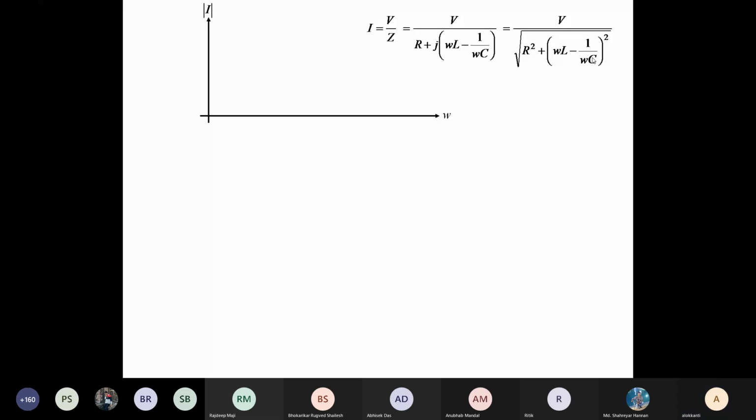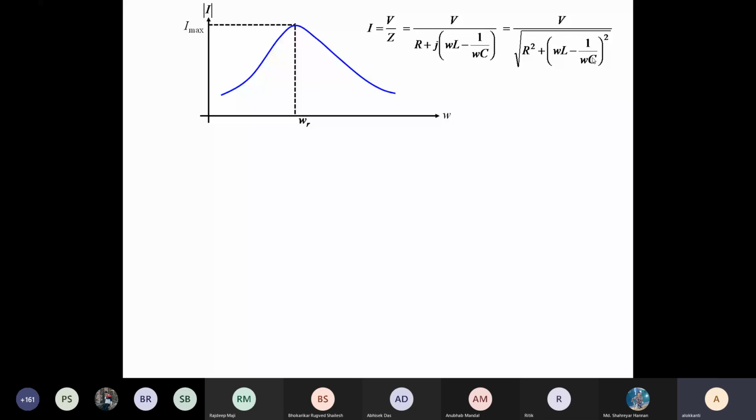For lower values of omega there will be a certain impedance that results in a lower value of current. Similarly for higher values of omega. But there will be a certain omega in between where omega L exactly cancels minus 1 by omega C, and there the current is the maximum. That maximum current is achieved at a particular frequency, which is omega R.